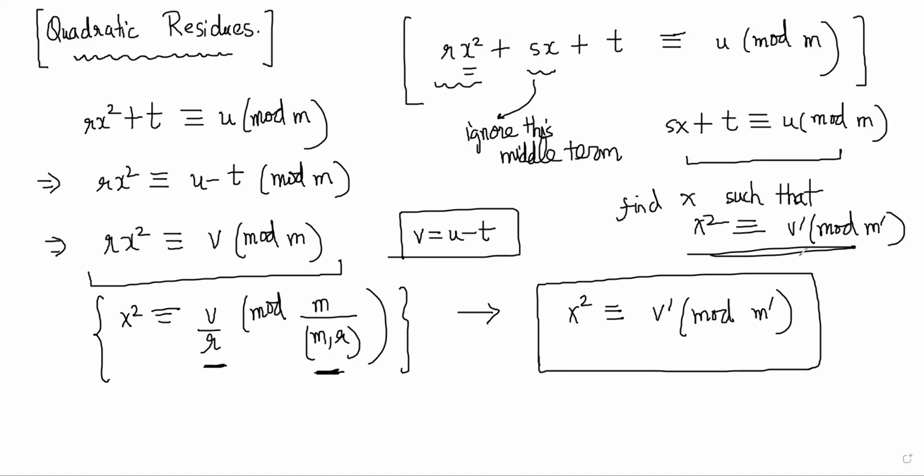So we have to find numbers whose squares are congruent to v dash mod m dash. Now, this idea is what gives rise to the concept of quadratic residues. So first of all, remember that not all numbers have square roots. When we deal with congruences, not all numbers will have square roots.